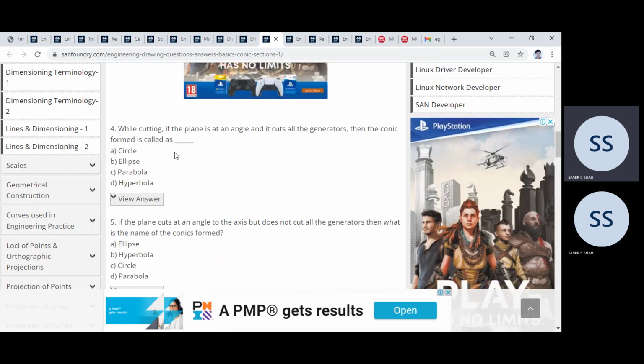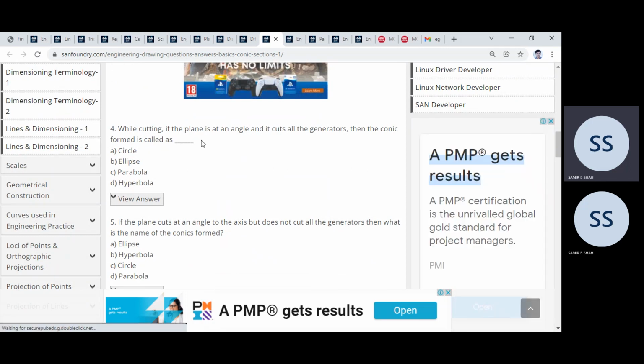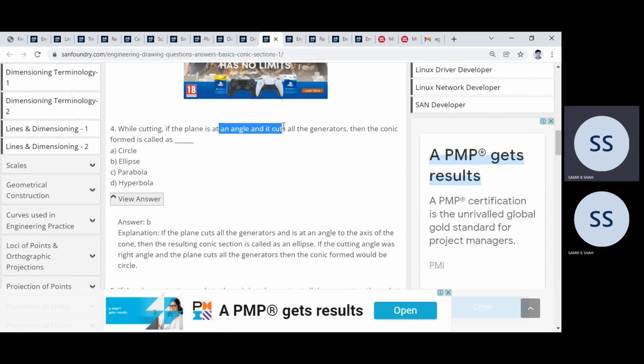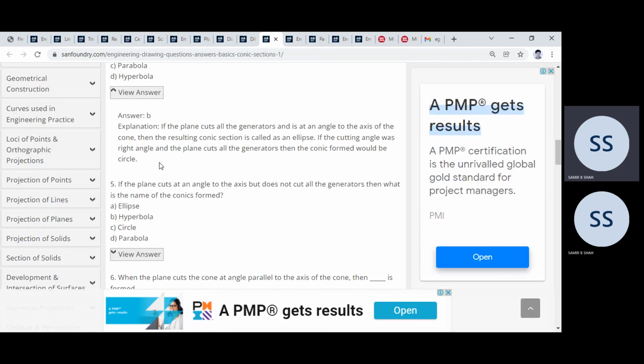While cutting, if the plane is at an angle and it cuts all the generators, then the conic formed is an ellipse.